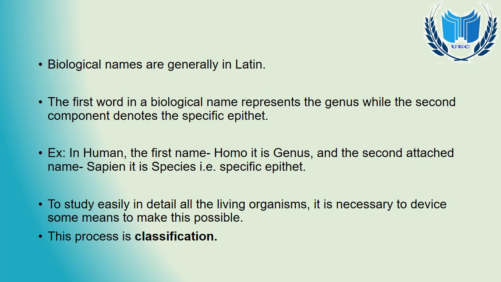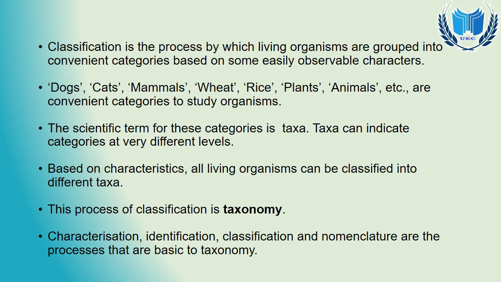So that system is called classification. We will be studying how the classification is prepared and how it is observed by the scientists. Before that, I want to give you an example.